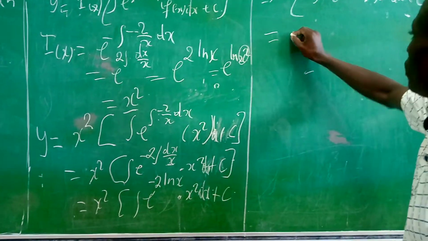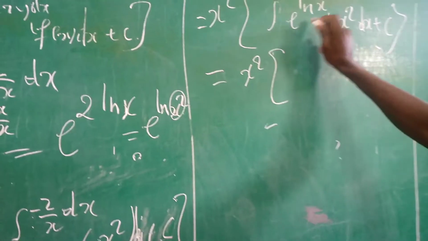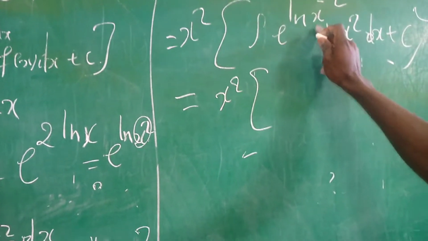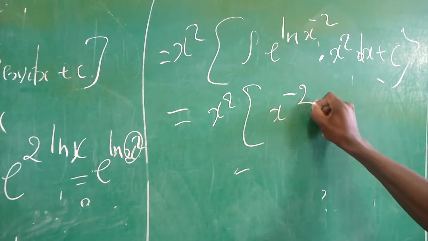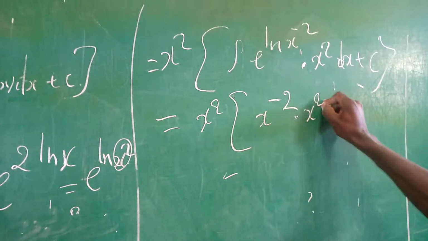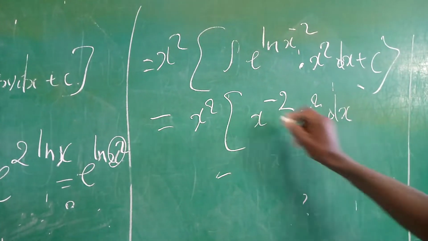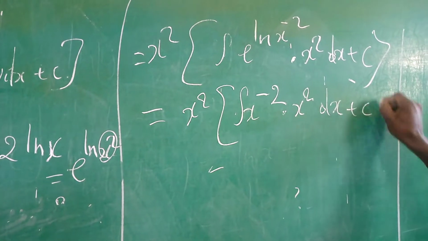Here it is equal to x squared, integral of this will give us x power negative 2 times x power 2 dx, plus c.